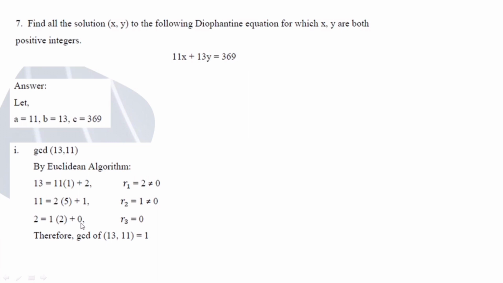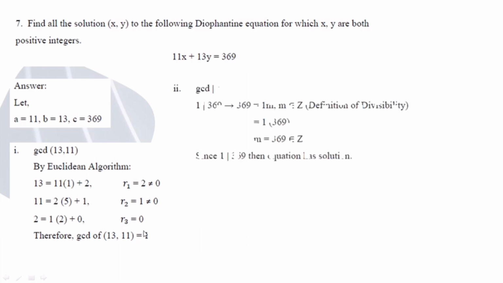So, from the very first solution, we know that R1 equals 2. For the second solution, R2 equals 1, and both are not equal to 0, and R3 equals 0. Therefore, we can conclude that the GCD of 13 and 11 is 1.